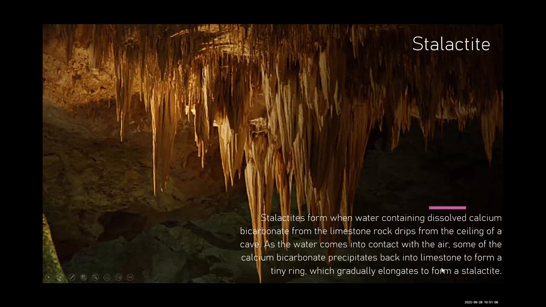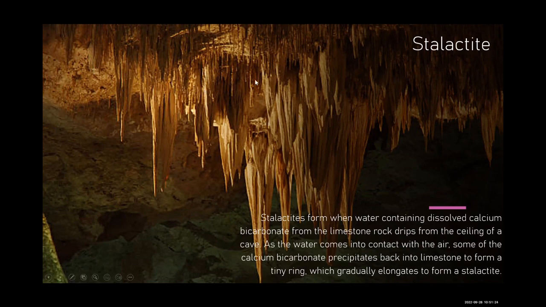So let's talk a bit about stalactites and stalagmites. A stalactite is formed when water containing dissolved calcium bicarbonate, which is coming from limestone, drips from the ceiling of a cave. The ceiling of this cave is made of limestone, and water seeps through it.